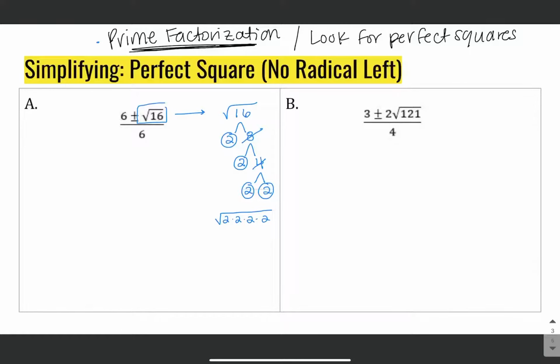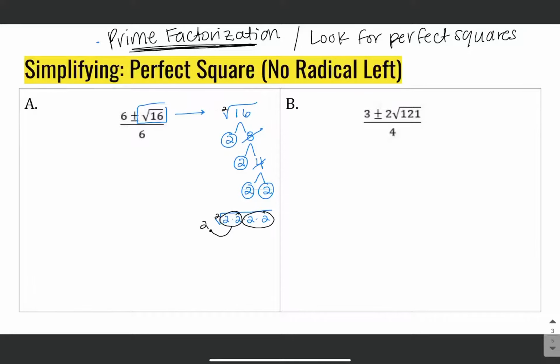Now, remember that our index here, this is a square root, so technically my index is 2. So I'm looking for groups of 2. It doesn't have to be the actual number 2, in this case it is, but I'm looking for a group of 2 numbers that are duplicates. If it's a duplicate, I'm going to pull one of them on the outside. The reason being is that technically 2 times 2 is 4, and the square root of 4 is 2.